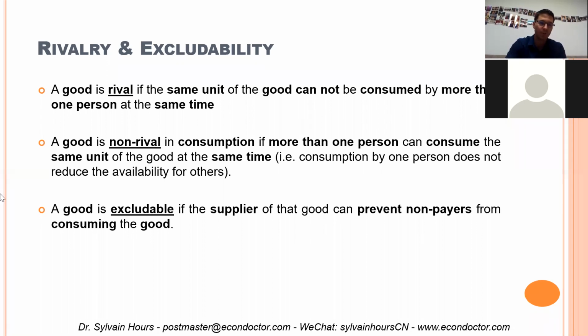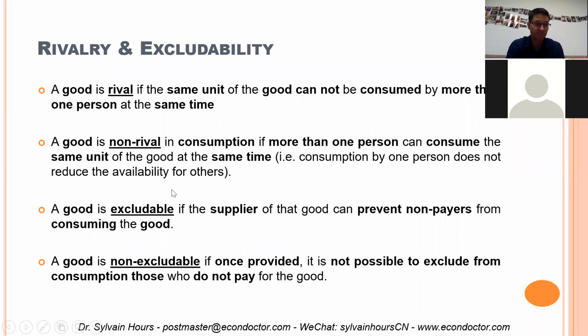And non-excludability is the opposite. Once it's provided, once the good is there, once it has been provided by a company or by a government, it is not possible to exclude those who have not paid. Even if you don't pay, you can enjoy the benefits from consuming the good, just like anyone else, just like people who have actually paid for that good or service.